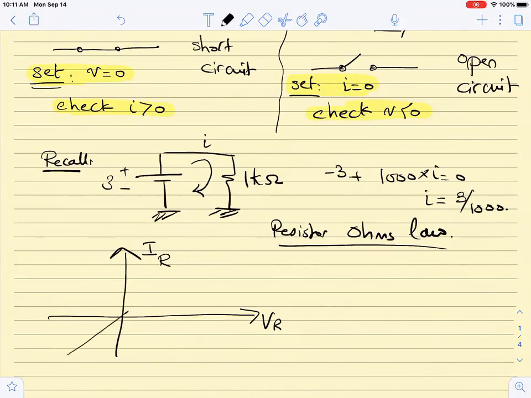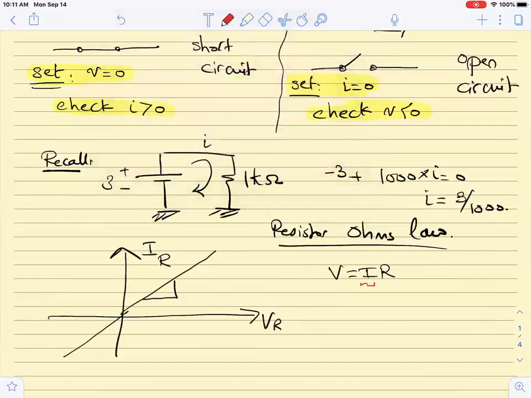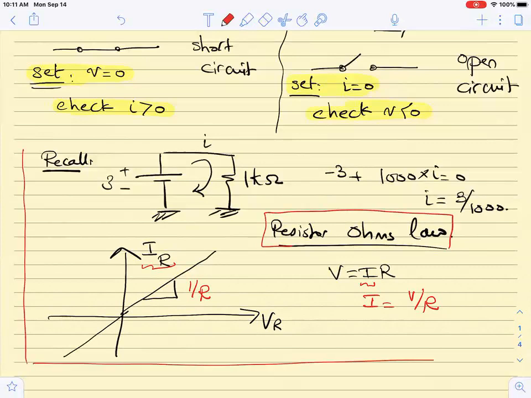What is the slope here? Which is the y axis here? The I, right? So the I is the y axis. What is the I in terms of V? V over R, so the slope is 1 over R.